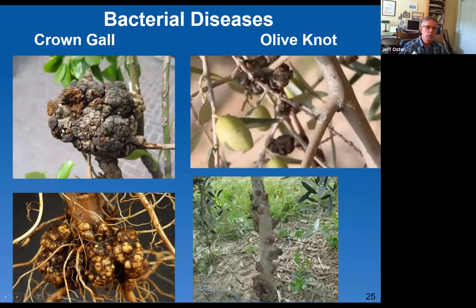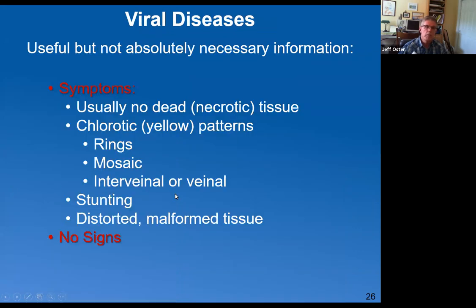And crown gall, these are the symptoms. It causes the plant to lose control over its growth. It forms enlarged outgrowths, either from the stem or on the crown of the plant near the roots. Olive knot, which is found on oleander quite frequently, or olive, of course, has these overgrowths on the branches and sometimes on the trunk.